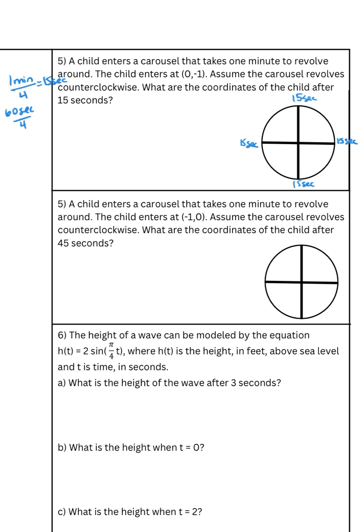All right, the child enters at 0, -1. Assume the carousel revolves counterclockwise. So if you imagine a clock, it goes like this. So counterclockwise is this direction. It enters at 0, -1. So the child enters here.